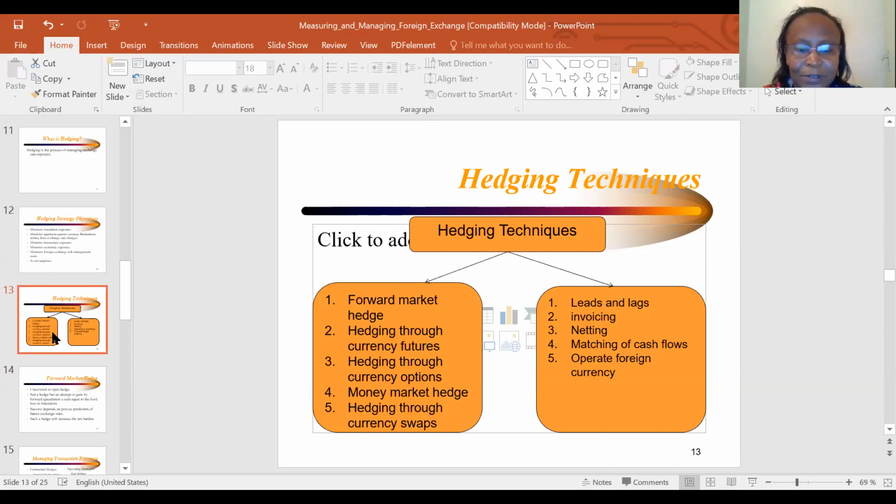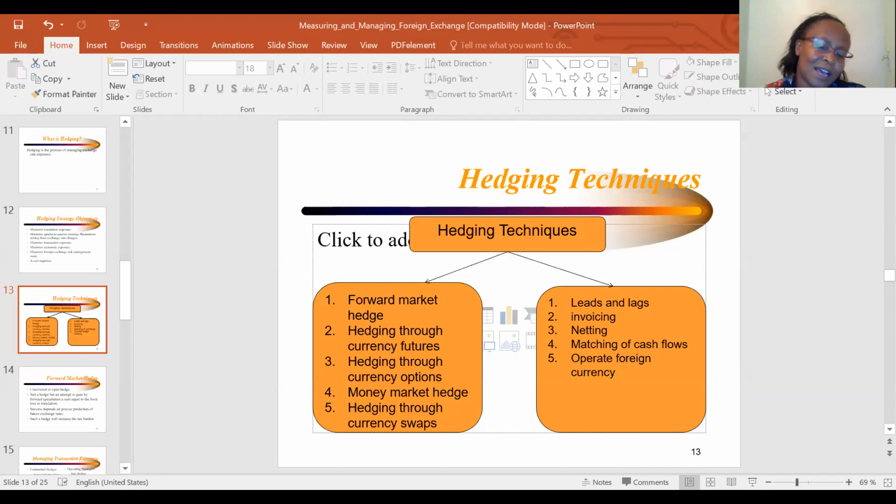In our class, we are going to discuss some derivatives which you can use for purposes of hedging your transaction. So that is the difference I wanted to make clear. In our class, we are looking at derivatives as tools for hedging against transaction exposure.